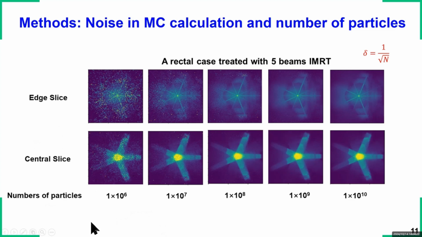For example, using 10^6 photons, this is the level of noise in the dose calculations. As the number of particles is increased to 10^10, this is what the level of noise looks like.